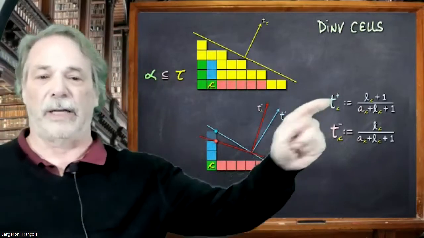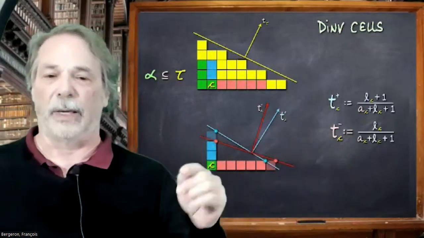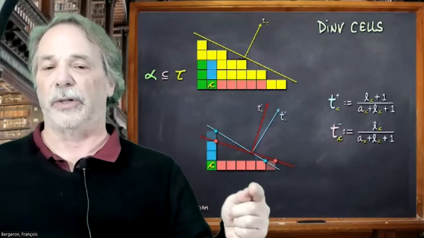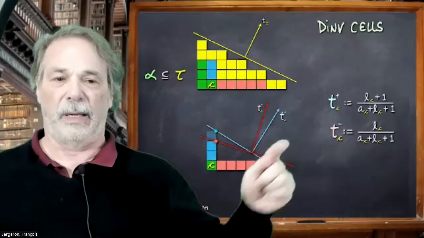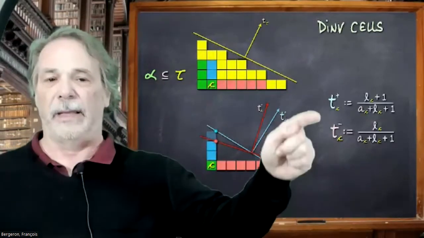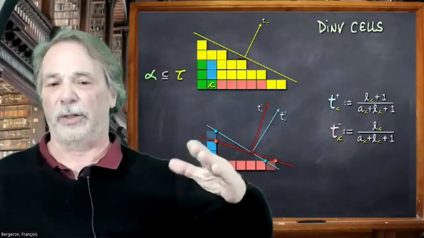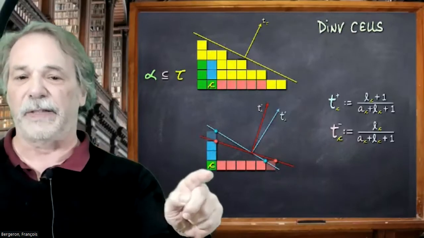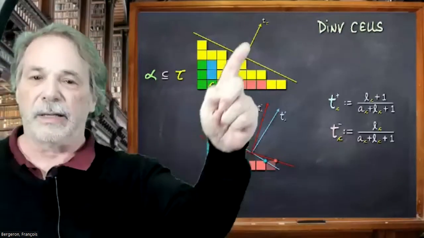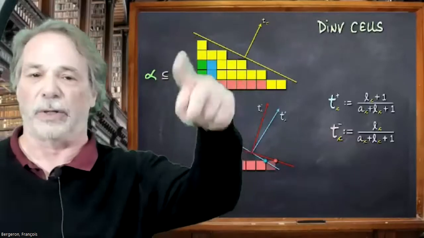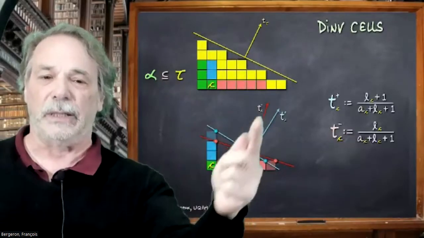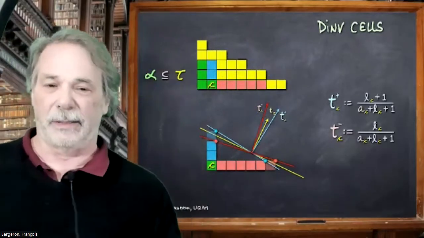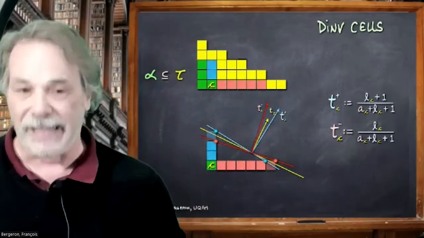And you do the same calculation for the other way of doing this, adding one box to the leg and keeping the original box of the arm, and you get this approximation. Now, these two are approximations of slope, and C is going to be a DINF cell if and only if this yellow slope globally for the tau sits in between. So if you have this, that means that this is a DINF cell.